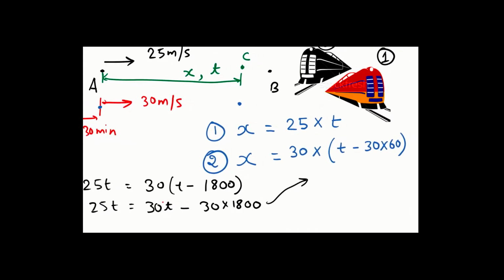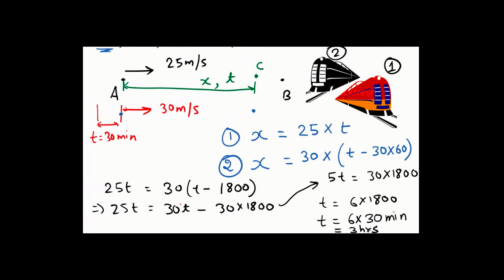This goes here as 5t equals 30 into 1800. t equals 6 into 1800, which is basically 6 into 30 minutes, which is also equal to 3 hours. So what's the final answer? After 3 hours, they'll meet each other.